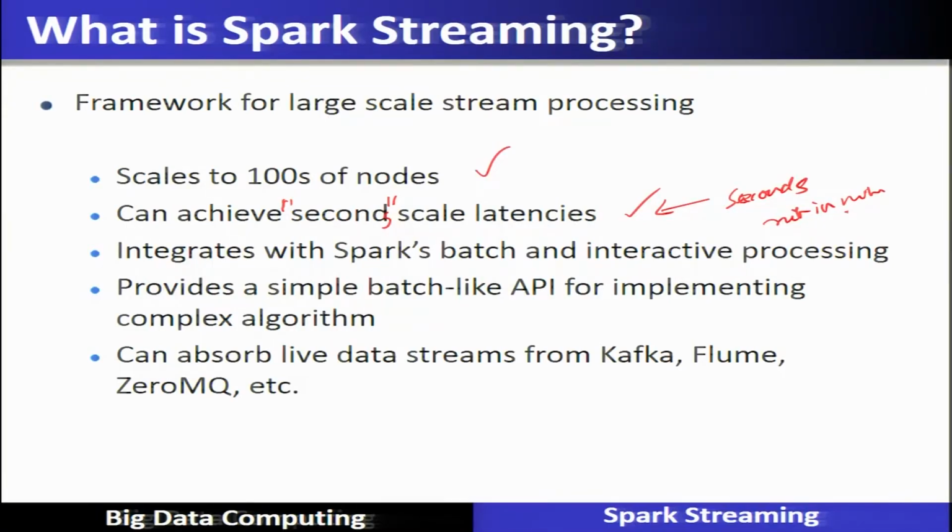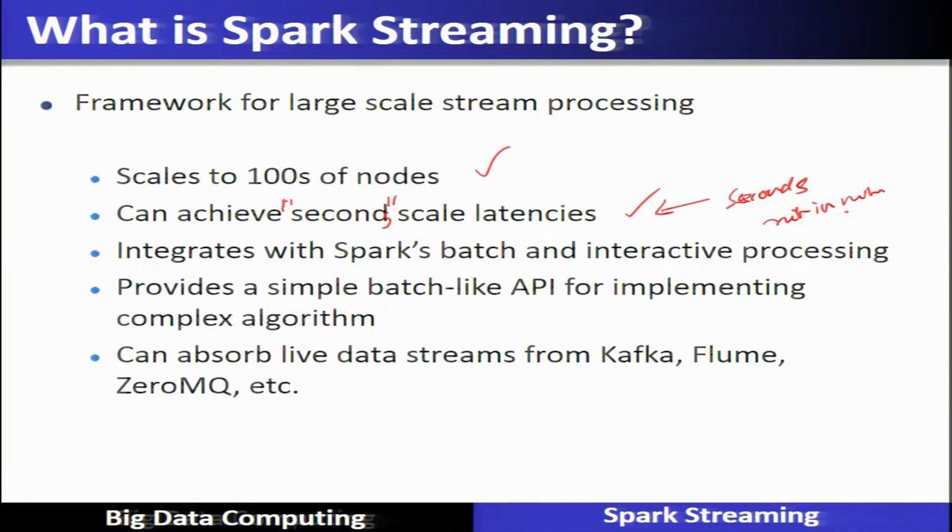Achieving latency on the scale of seconds is not going to be an easy task, and it requires a new design. Therefore, we are going to understand the Spark streaming system.